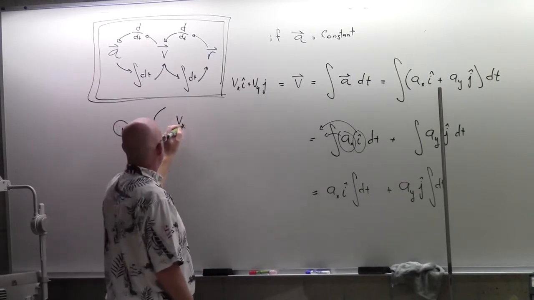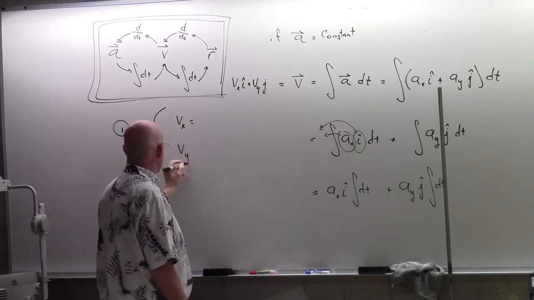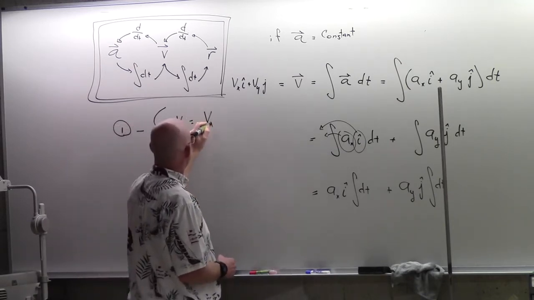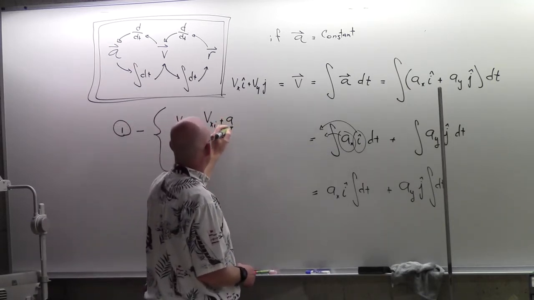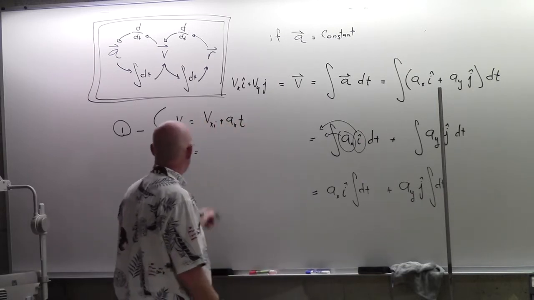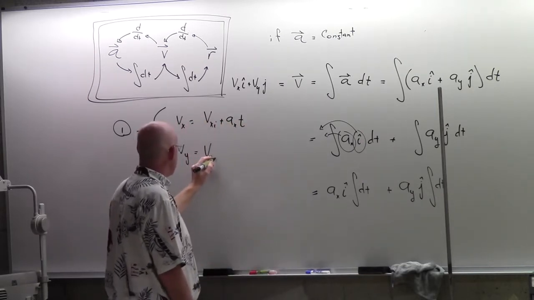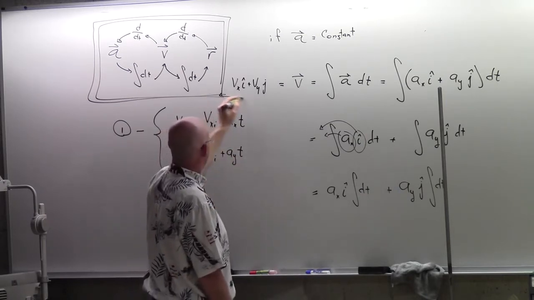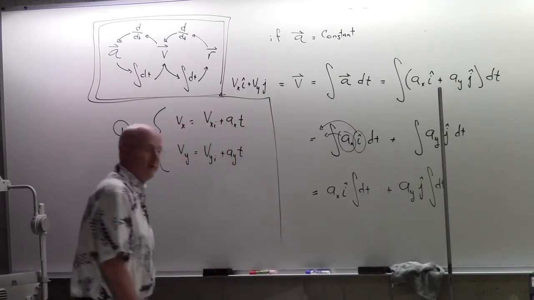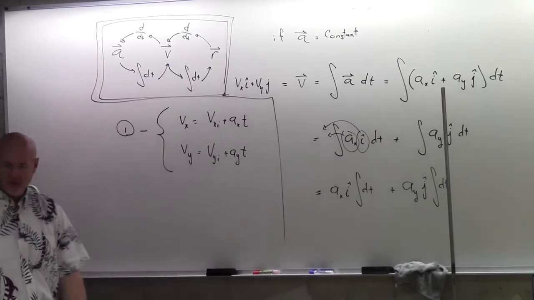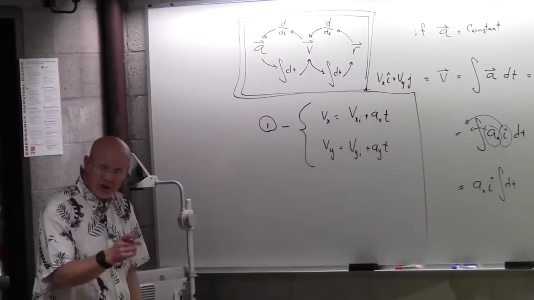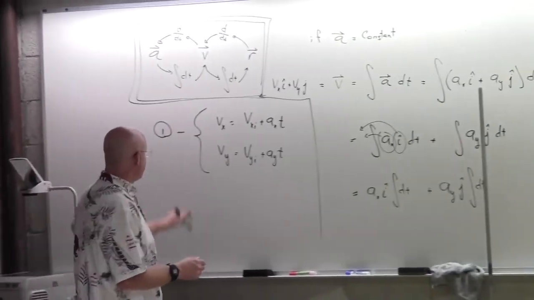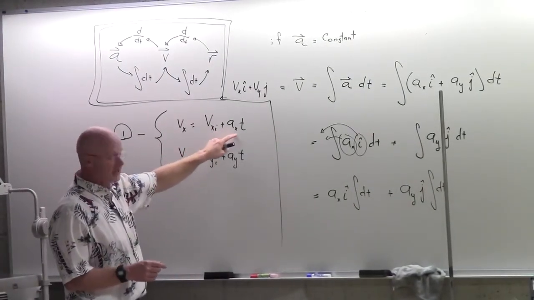And if I separate it from the I hats and the j hats, I'm hoping you will see exactly the same thing we saw in chapter 2, didn't we? Does that equation look familiar? Doesn't velocity equal initial velocity plus acceleration times time?